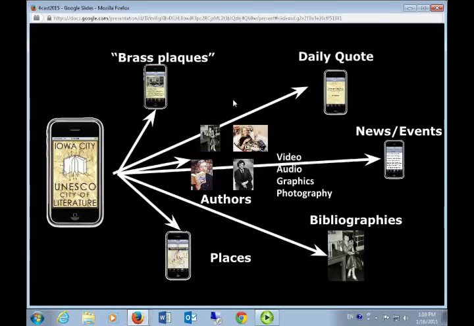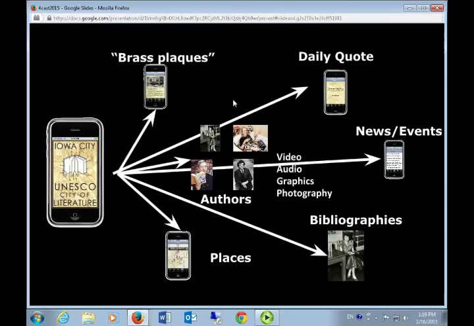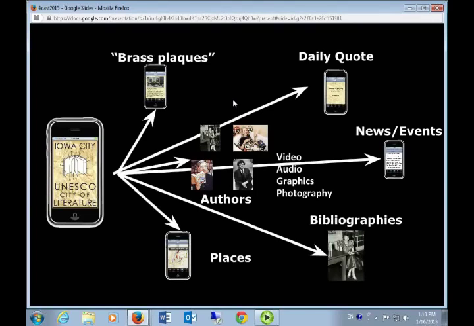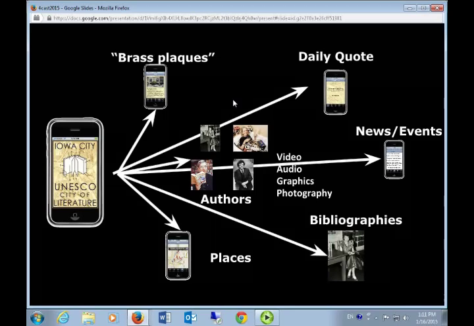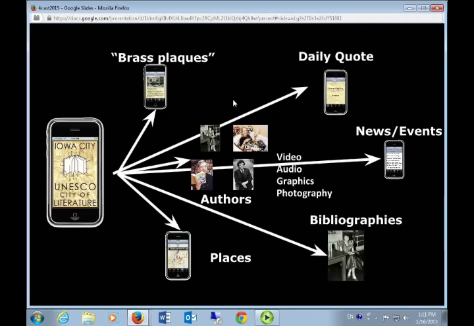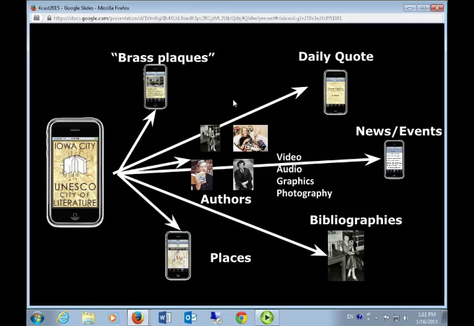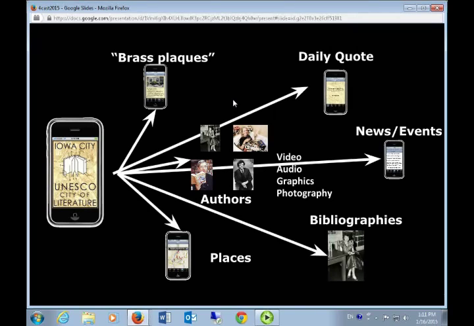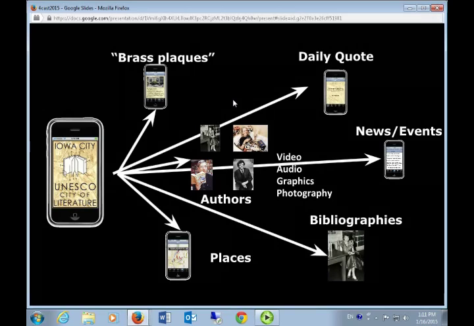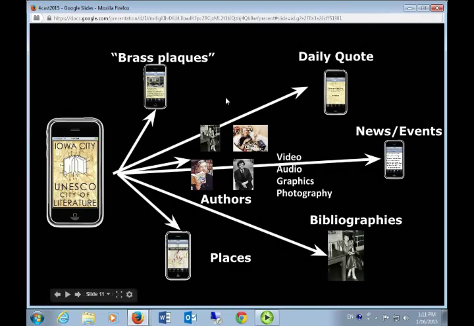I assign a paper, they write a paper, they give me the paper, I write words on a paper, I give it back to them. Suddenly they're thrown into an environment where they're working in groups, they're writing for a public, and the stakes are higher, and I think the opportunity for them to feel pride about their work is very great. I think there's a civic engagement piece to this as well, and a way of honoring place, the place that you are.